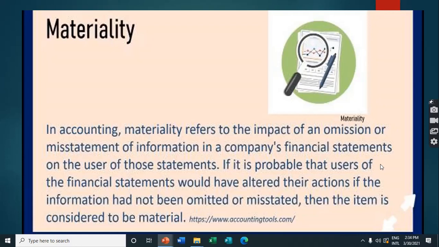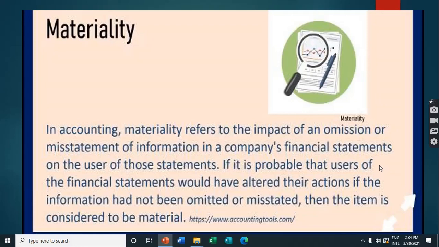So if it changes or affects your decision because of that error na nangyari dun sa FS, then parang yung impact niya malaki. So the amount, then it is changed or affects your decisions. Yan, parang yung impact niya sa'yo is malaki. So, the amount is material.